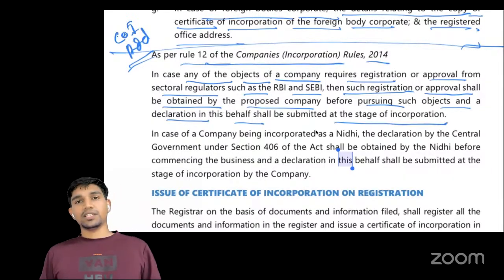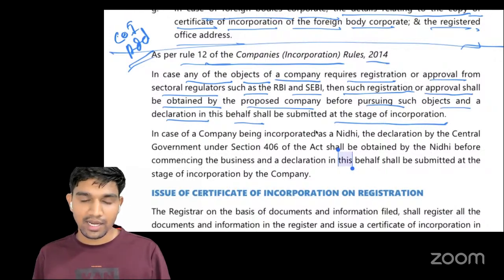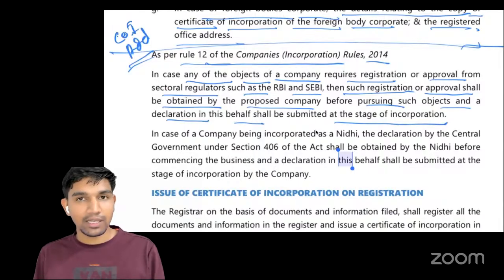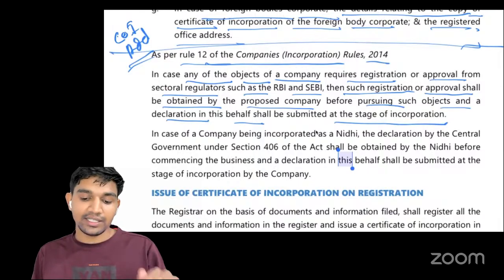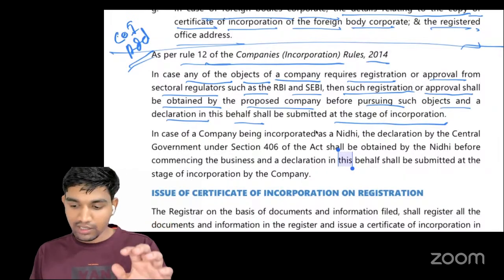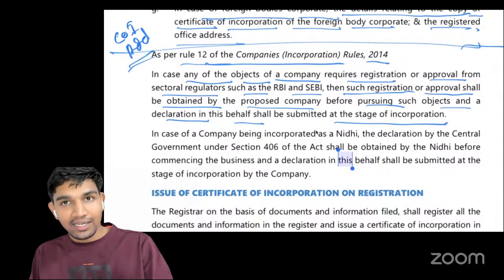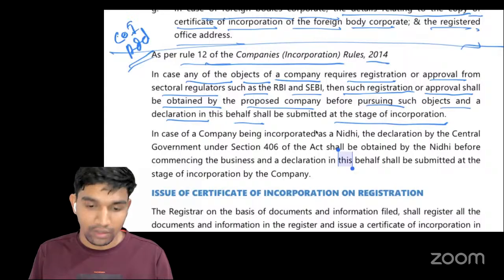So, in case some companies need approval of regulators such as RBI and SEBI, such registration or approval shall be obtained by the proposed company before pursuing such objects. So it has to first get that approval, and then the declaration in this behalf shall be submitted at the stage of incorporation.